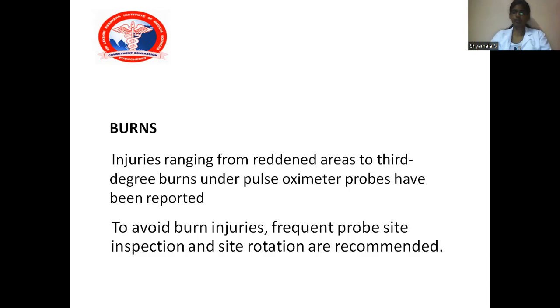You should remember what monitoring is, why we have to monitor, principles of pulse oximetry, types of pulse oximeter probes, sites where we can apply them, advantages, disadvantages, uses and interpretations, inaccuracy of the readings, and complications.